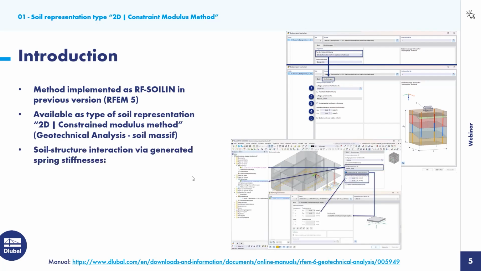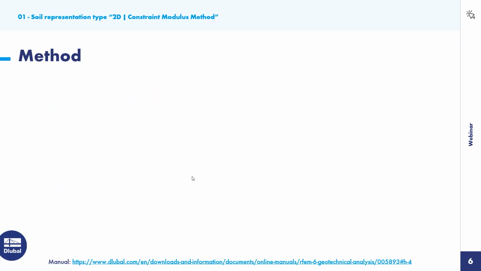Afterwards, the soil-structure interaction can be handled via generated spring stiffnesses. They depend on the soil properties, such as the layers and material, as well as the load and the foundation geometry.